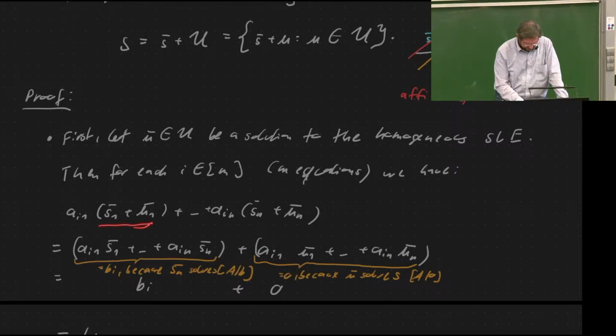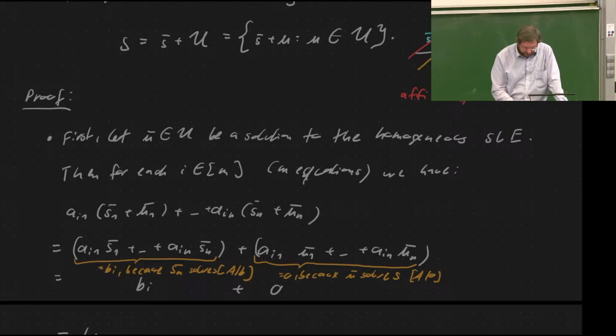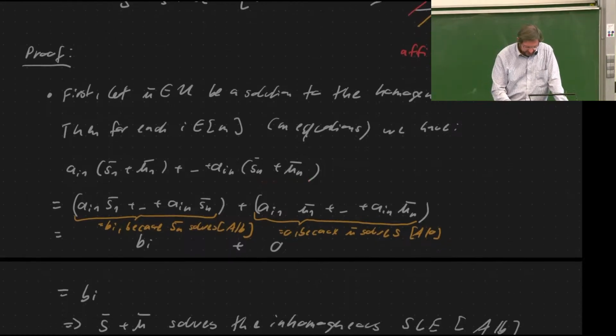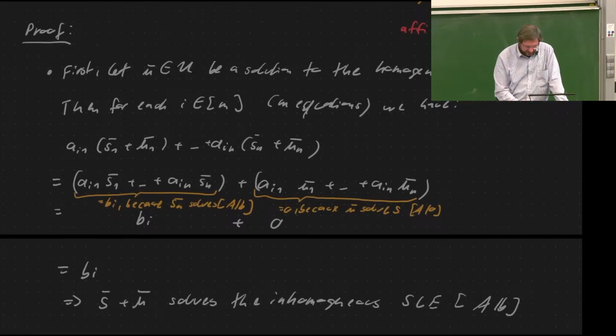So instead of x1, I write S bar 1 plus U1. Instead of xn, I write S bar n plus Un, and so on. And I just rearrange that a little. I collect all the S bar expressions here, and I collect all the U expressions here. And what I get is, well, U solves the homogeneous system, so this is 0, because the right-hand side of the homogeneous system is 0. And S bar solves the inhomogeneous system, so this is bi.